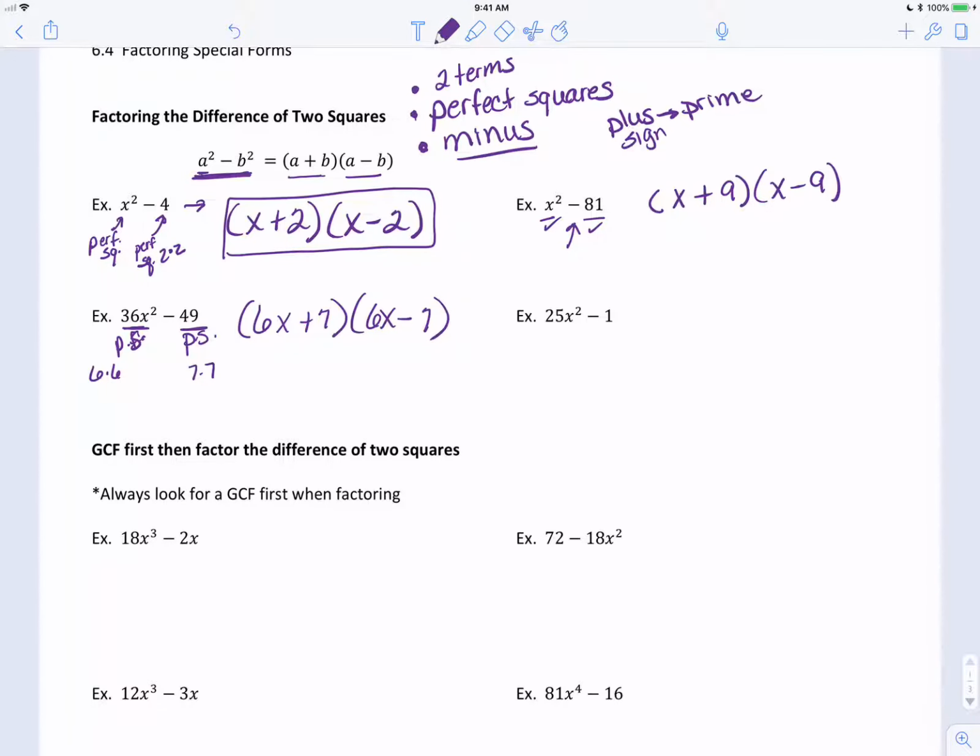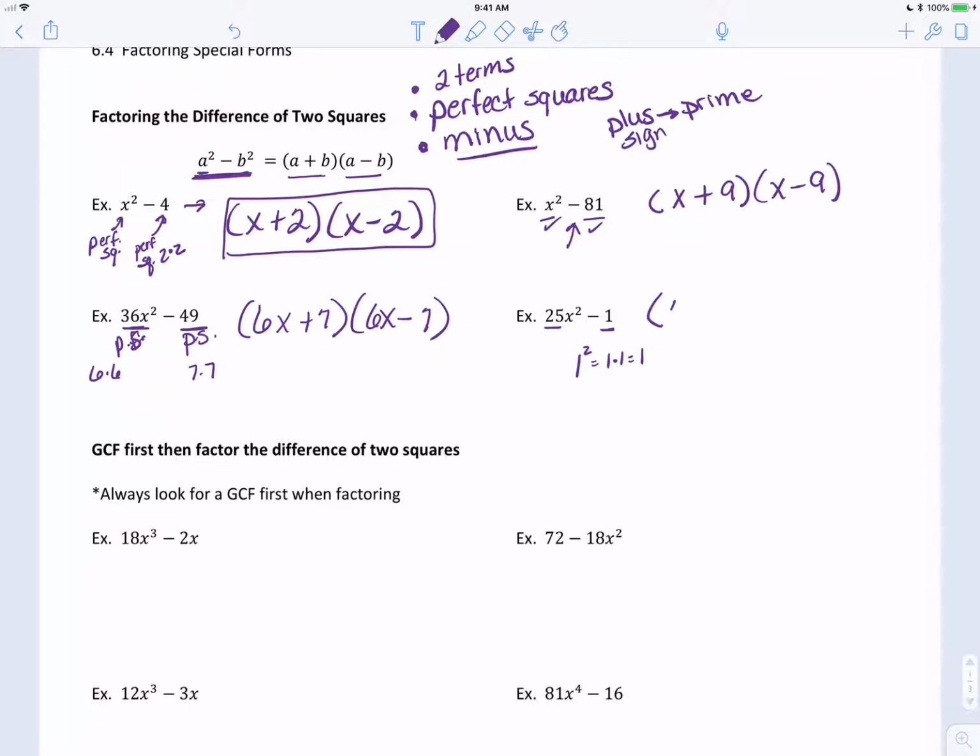Okay, what about this one? 25x squared minus 1. Well, 25 is a perfect square. What about 1? Is 1 a perfect square? Yes, it is. 1 is a perfect anything. So remember, 1 squared means 1 times 1, and 1 times 1 is just 1. So 1 is perfect all the way around.